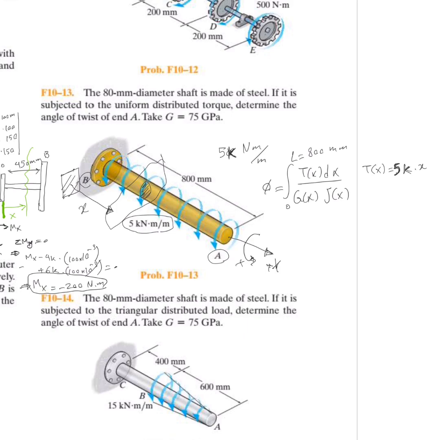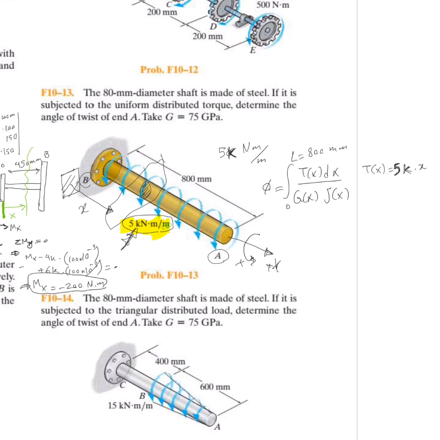Why? Because look at here, it says 5K, I'm talking about this part. It says 5K Newton meter per meter. That means if I consider the X for X meter, then I have to multiply by X to get rid of this meter right here.